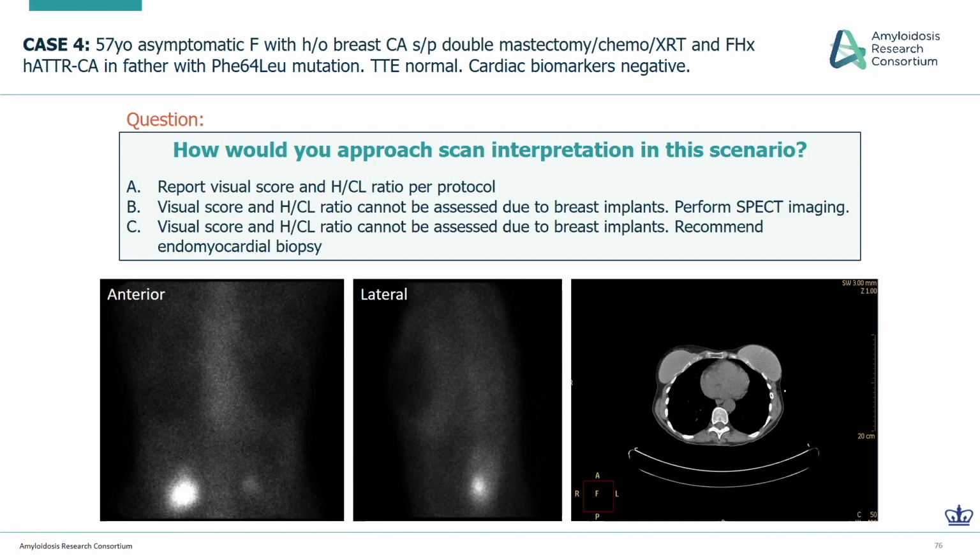We cannot do the heart to contralateral ratio on those patients. And sometimes patients who have dense breast, I usually tell the technologists to make sure the patients are not wearing a bra, because that can interfere with the images also. So in those patients, you rely on your visual score on SPECT imaging.